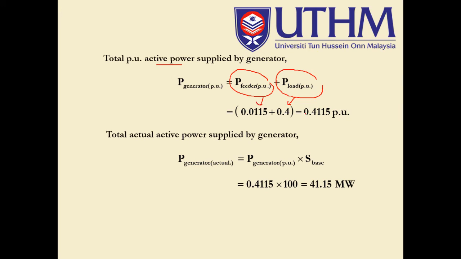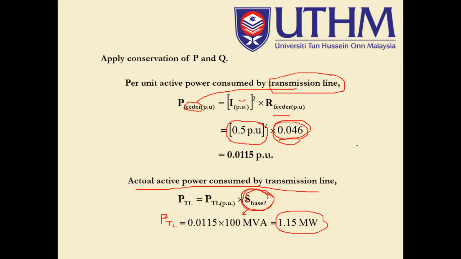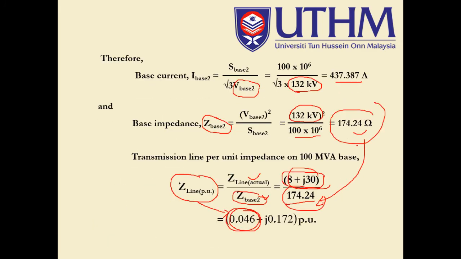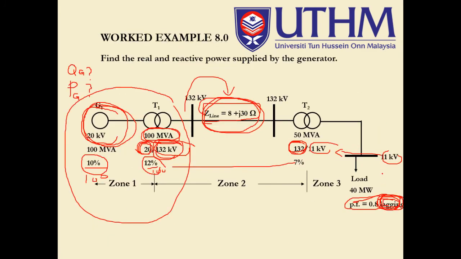So for the load P, again, here we can see from here, the P load PU, we have the P actual. We have seen this formula in the previous example.